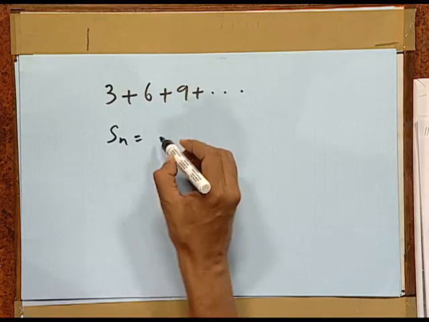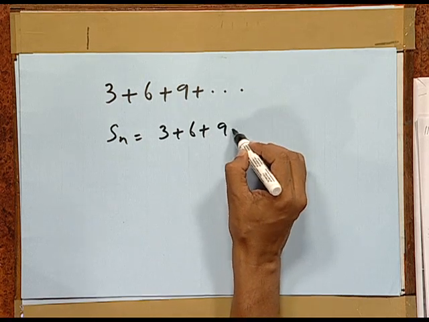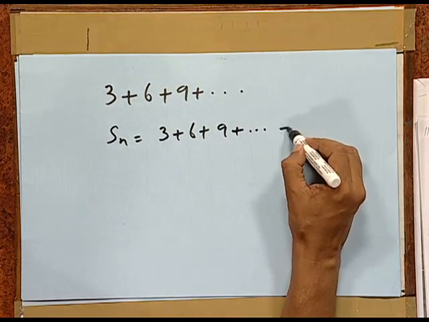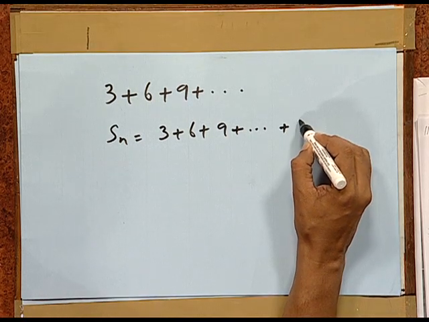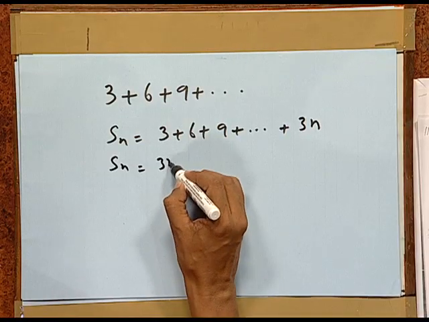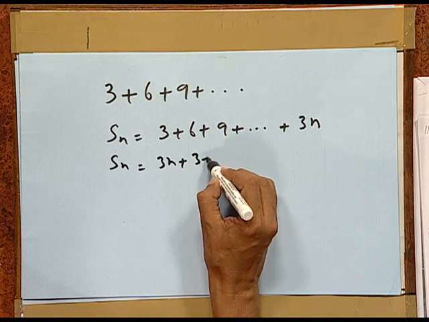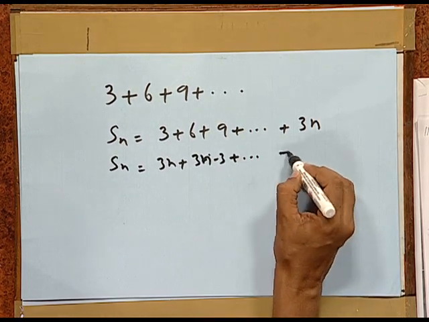To find the sum of n terms, we can write Sn as 3 plus 6 plus 9 and so on up to the nth term, which is clearly 3n. Once again we write Sn as 3n, the previous term 3n minus 3, and so on up to 3.